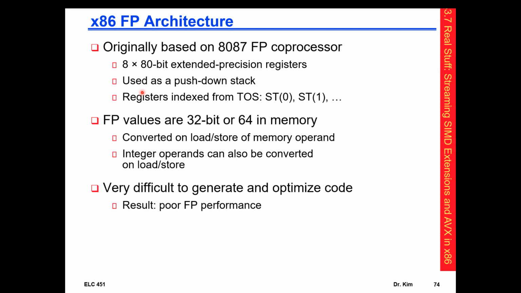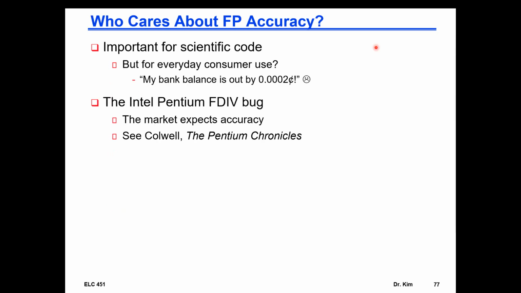The performance was poor. The PC didn't have a good floating point performance until they were able to integrate the floating point with the processor on the same chip, for obvious reasons.